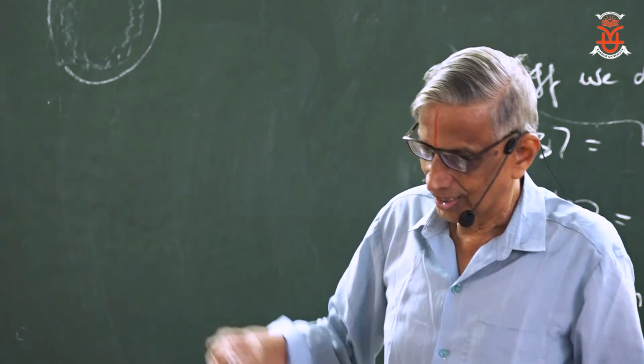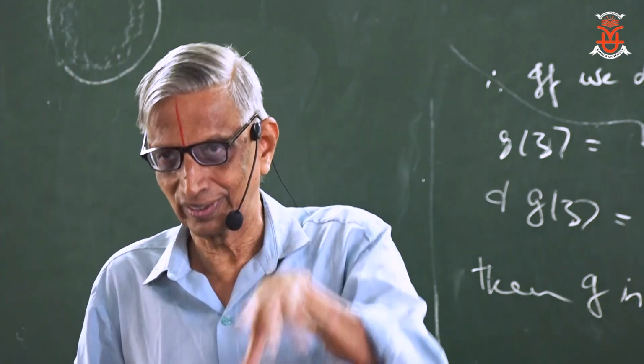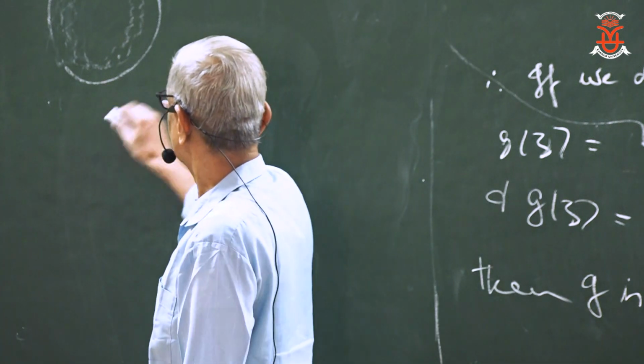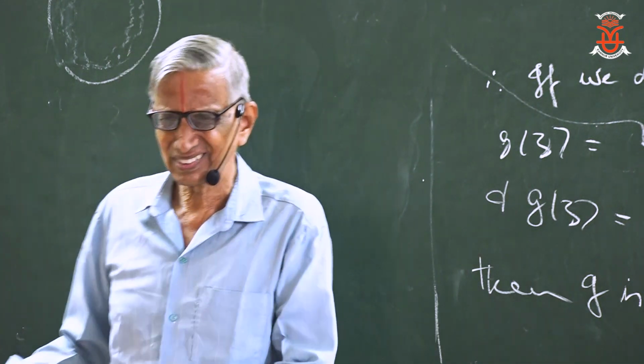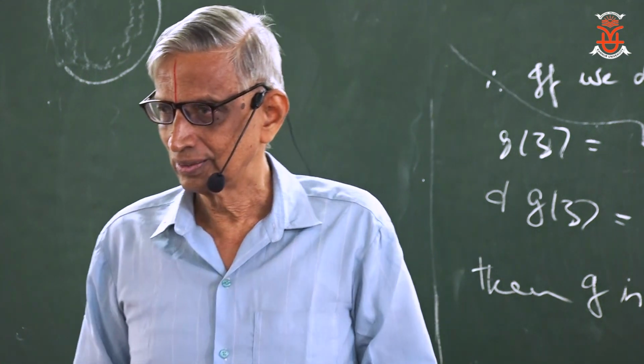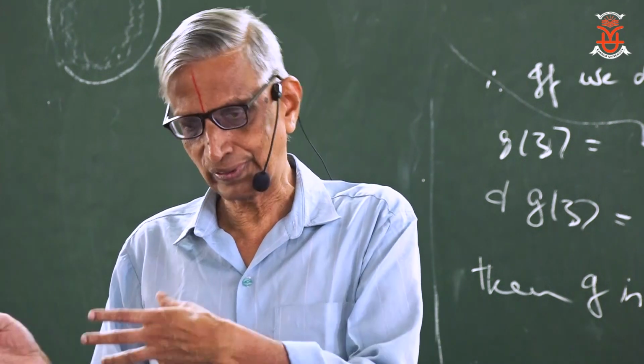If there is a map like that, you say that the boundary is a retract of the closed disk. That's why it's called a no retraction theorem. And then you can derive the Brouwer fixed point theorem for the disk from this, which says that any continuous map from the closed disk to itself has a fixed point.